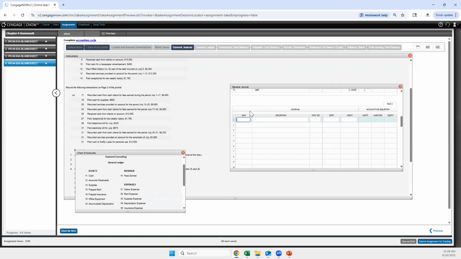Okay, so we know that that's this month, and we're recording cash for fees earned. So that's going to be direct, and the date of the transaction is the 17th. So debit to cash, 9450, and then a credit to fees earned, 9450.